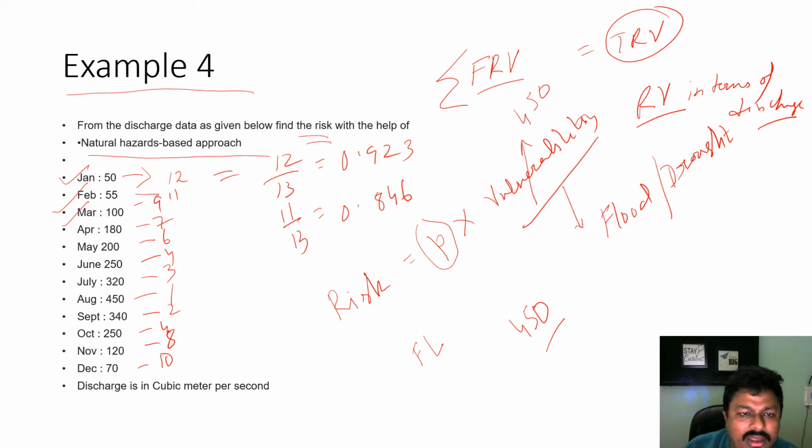Now, as you can see, the probability of the lower discharges is higher compared to the probability of the higher discharges. So if we multiply the probability of this lower discharge, suppose this one, and vulnerability is assumed to be 450, what will happen? 0.923 multiplied by 450.